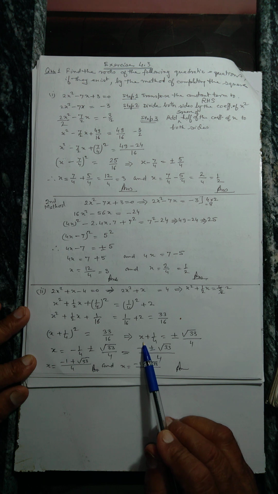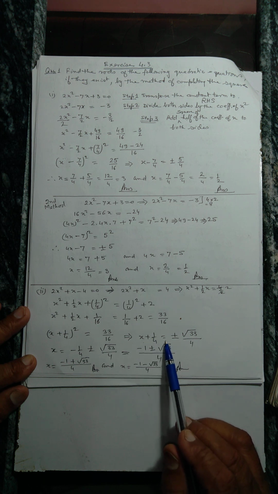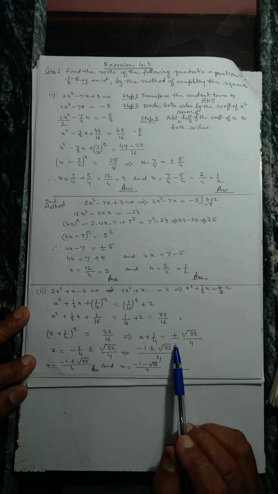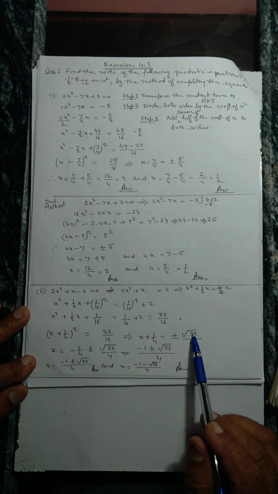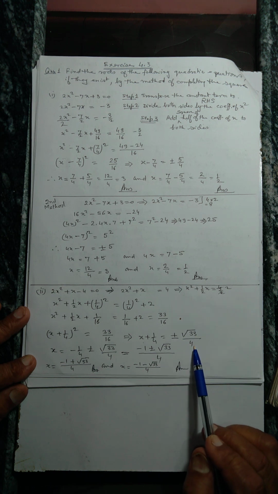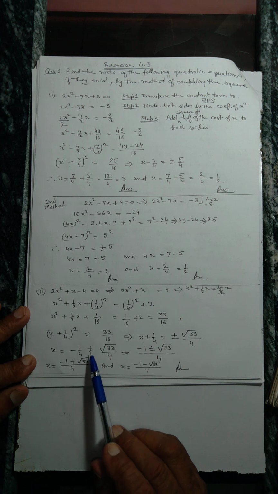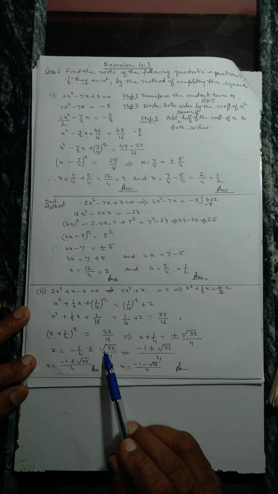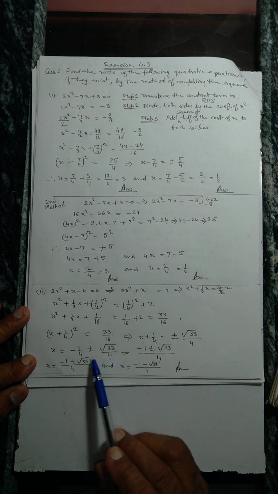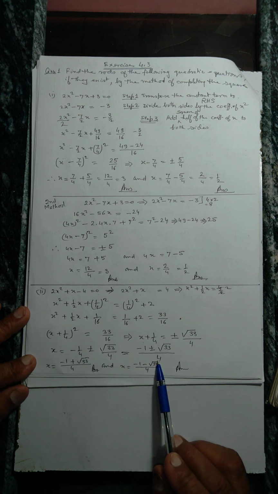Again taking the square root, x plus 1 by 4 will be equal to plus or minus root 33 upon 4. So x will be equal to minus 1 by 4 plus or minus root 33 by 4. You see the denominators are the same, so the LCM will be 4.